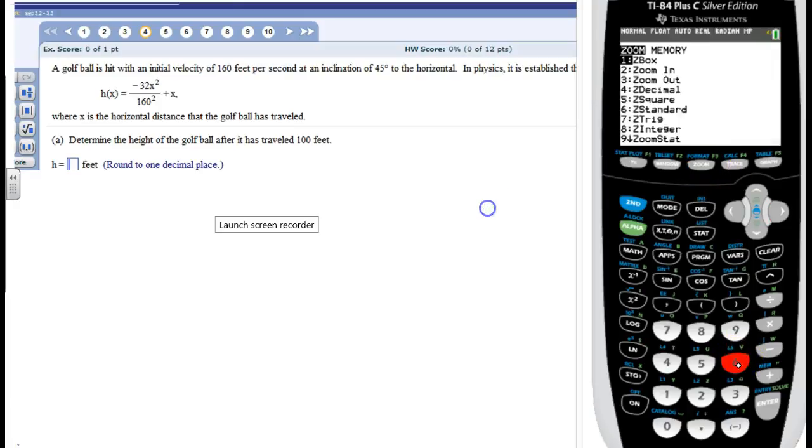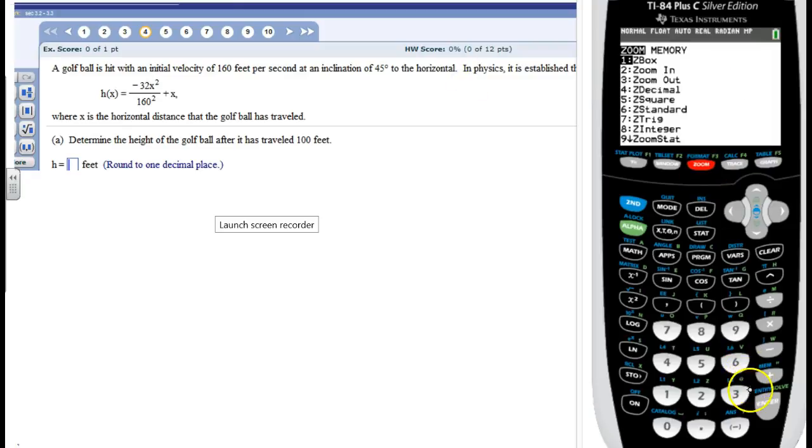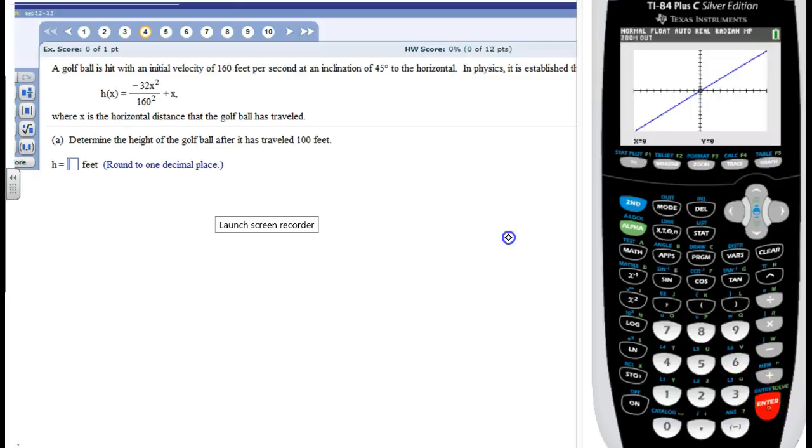Normally I hit zoom 6 to give you a standard 10 by 10 by 10 viewing screen, but it looks like I just have a straight line. I know from the function that it says negative 32x squared divided by a huge number, but the negative x squared tells me it shouldn't be a linear line. It should be a downward parabola, so I'm going to hit zoom 3 enter to see if I can see a parabola facing down.